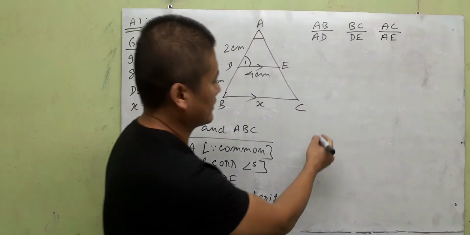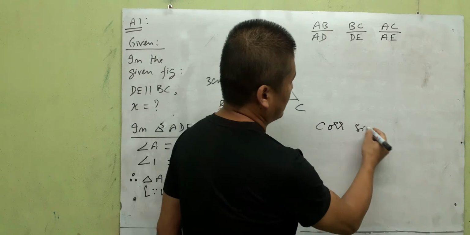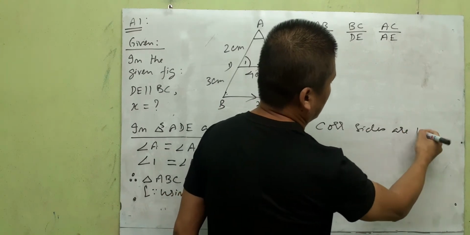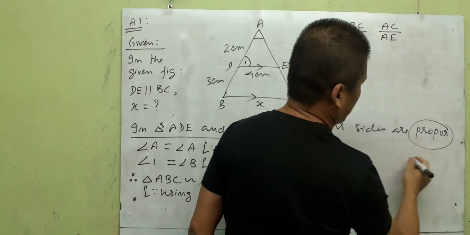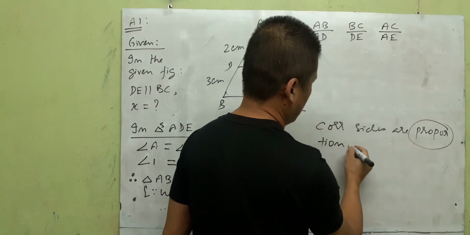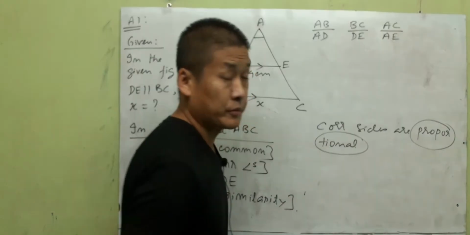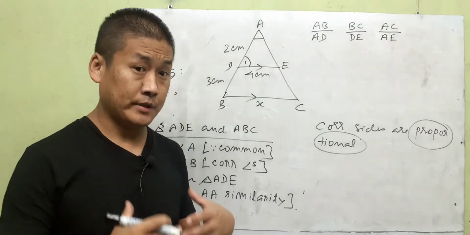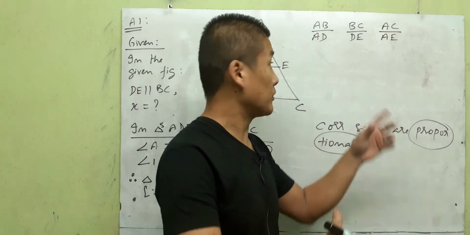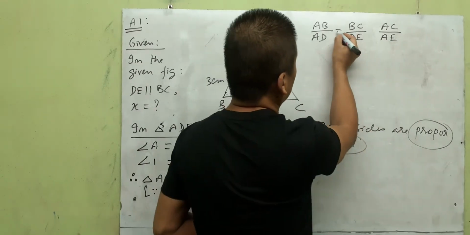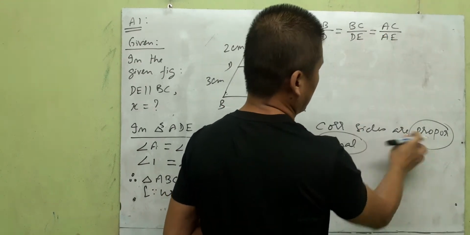And corresponding sides, don't write this, just listen, are proportional. The word proportional means ratios are equal. I repeat, proportional means ratios are equal. So these three ratios, if you put an equal sign between them, then they are called proportional.